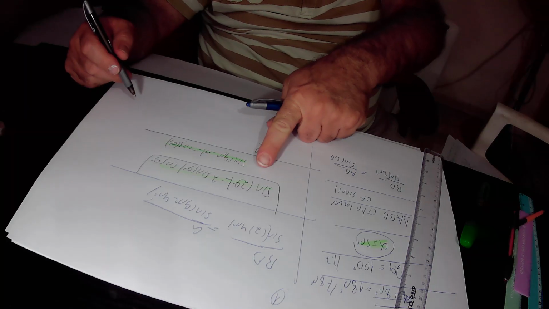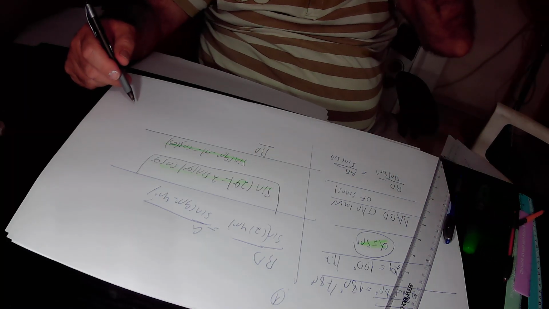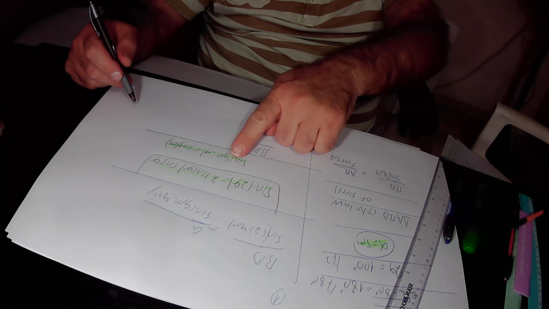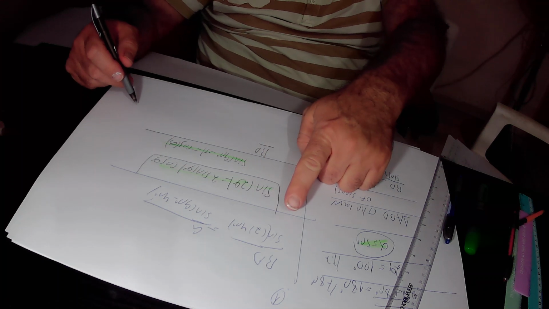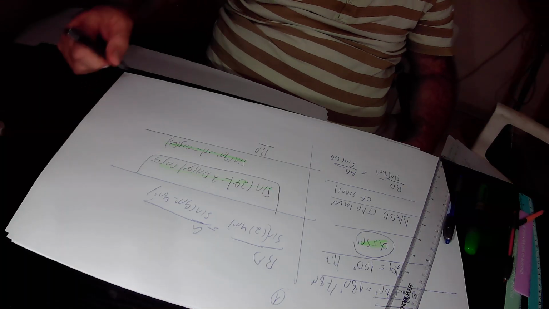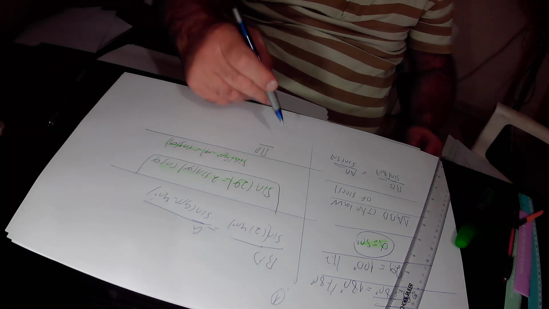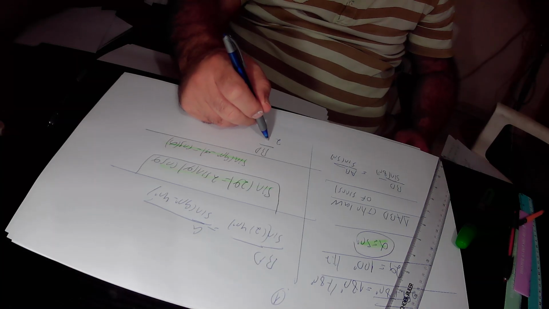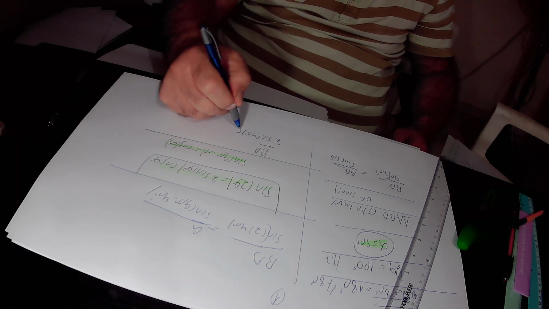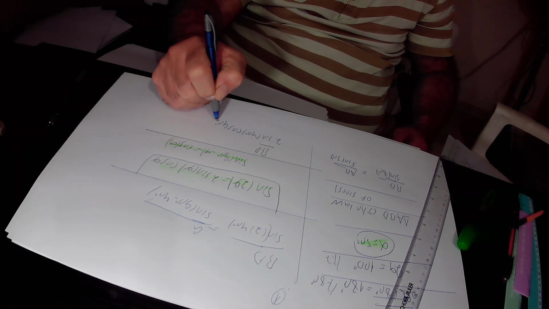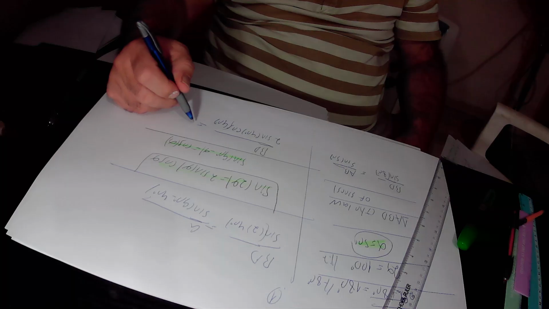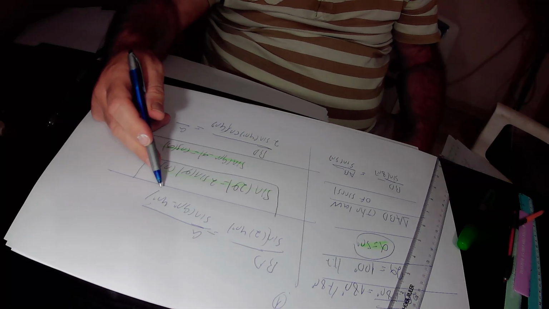According to the first identity, sine 2 times 40 degrees equals 2 times sine 40 degrees times cosine 40 degrees, and it is equal to A over sine 90 degrees minus 40 degrees.